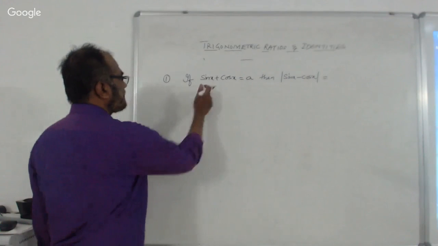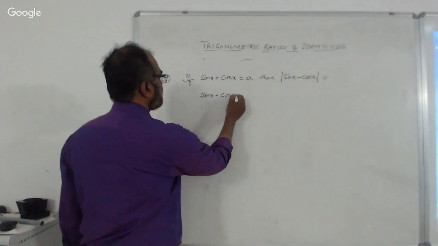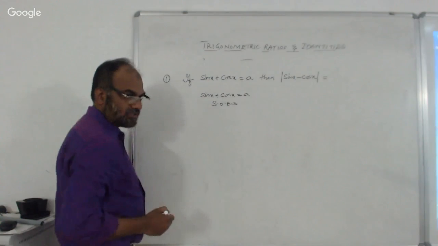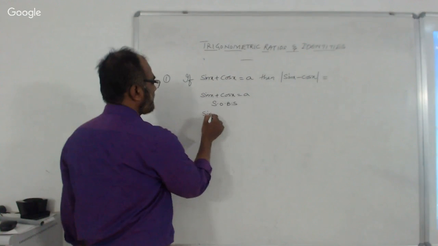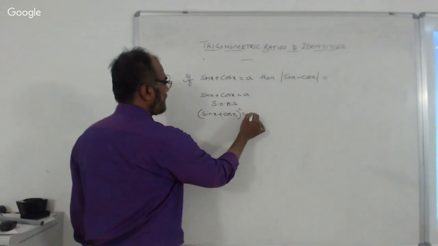Now I take this condition, sin x plus cos x is given as a. I go for squaring on both sides. Sin x plus cos x whole square is equal to a square.